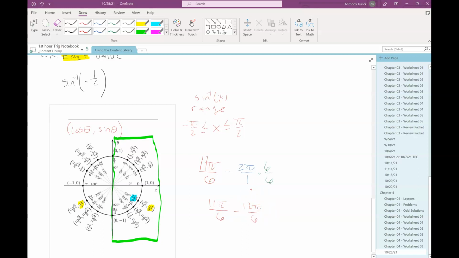And that gives me really 11 pi over 6 minus 12 pi over 6. When I subtract fractions, the denominator doesn't change, and I just subtract the numerators. What's 11 pi minus 12 pi? Negative 1 pi, right?